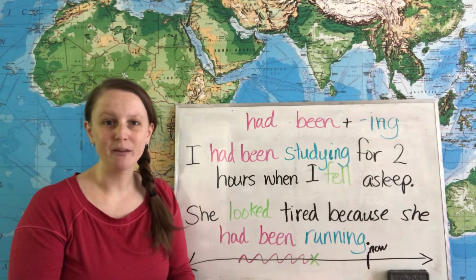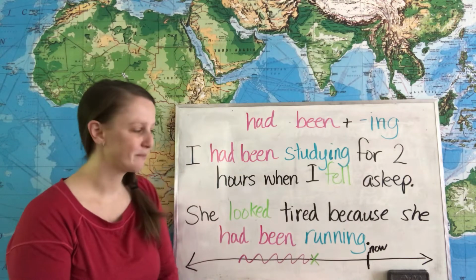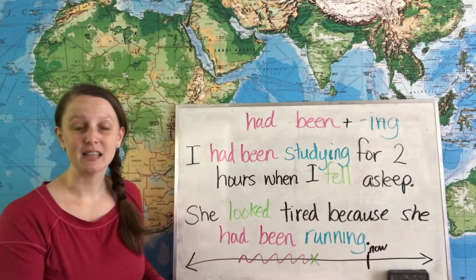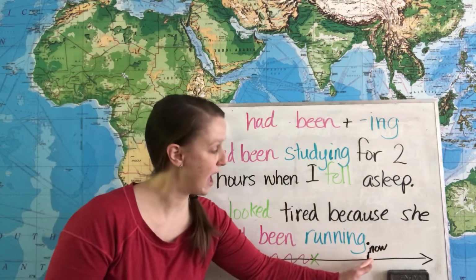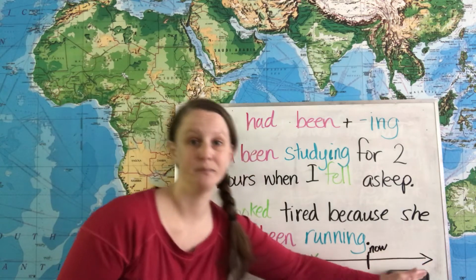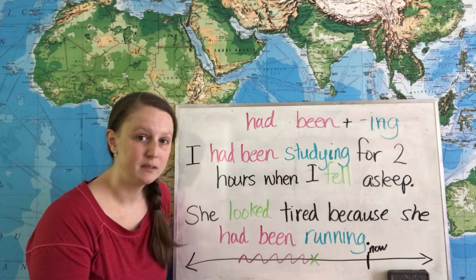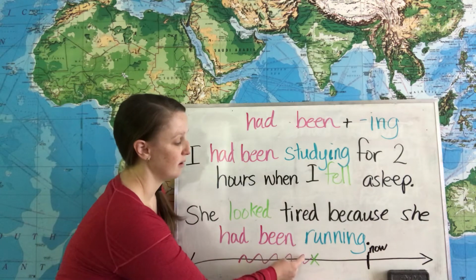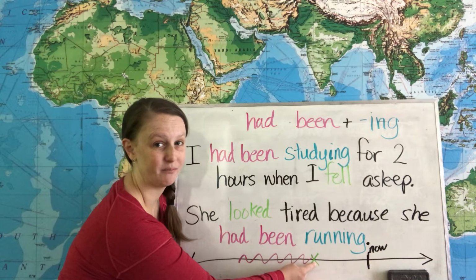Now let's talk a little bit about the meaning of past perfect progressive verbs. I like to use a timeline like this at the bottom here, starting from the past to now to the future. Past perfect progressive verbs are ongoing actions before a completed past action.